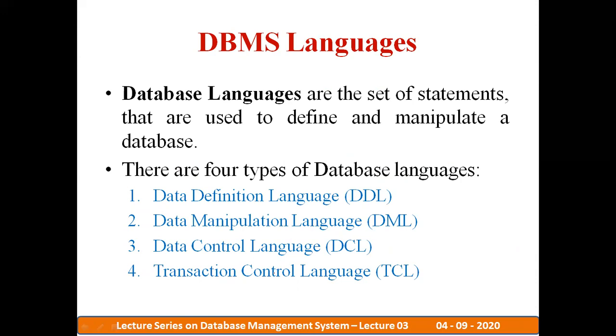The DBMS has 4 types of languages. The first one is the data definition language, usually called DDL. Then the data manipulation language, DML. Data control language, DCL. Then transaction control language, that is TCL. Now let us see each of these languages in detail.